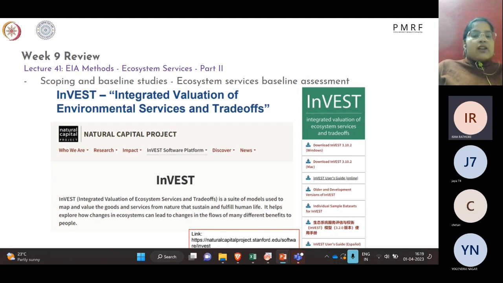So then you have an assessment of how your environmental services are getting affected and what trade-offs you can make to make your project viable. So INVEST is this model which helps you in having this trade-off between the environmental service impact and the environmental mitigation which you can do.